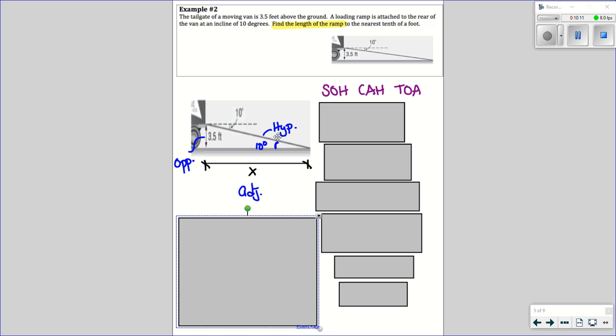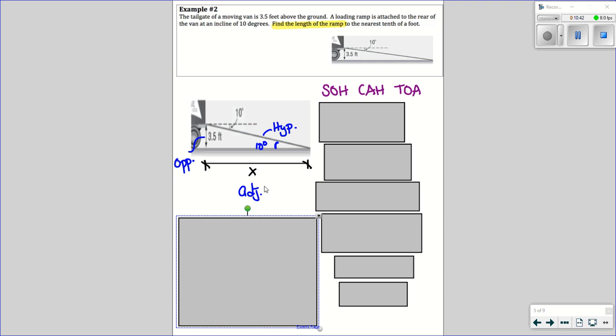So we have the hypotenuse, which is going to be opposite the 90-degree marker, because when the two legs, vertical and horizontal, intersect, that gives you a 90-degree angle. The side opposite 10 degrees is opposite, and the side that is next to the angle is adjacent. So again, notice how the 10 degrees up here, that's the angle of depression, is equivalent to the angle of elevation, which is also going to be 10.